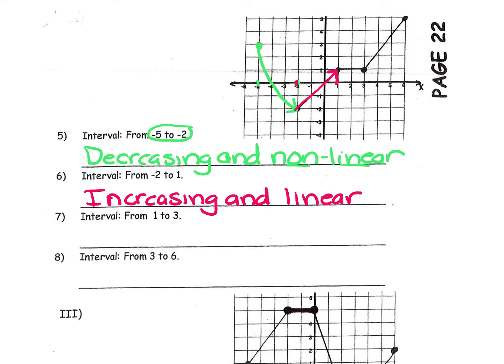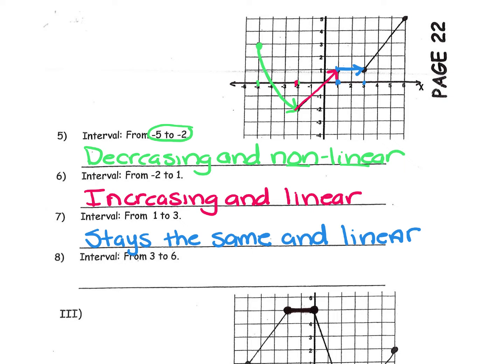Let's check out the next section from 1 to 3. Here you can clearly tell from the number 1 to the number 3, this is staying the same. And it's linear. It forms a line. So we would call that stays the same and linear.